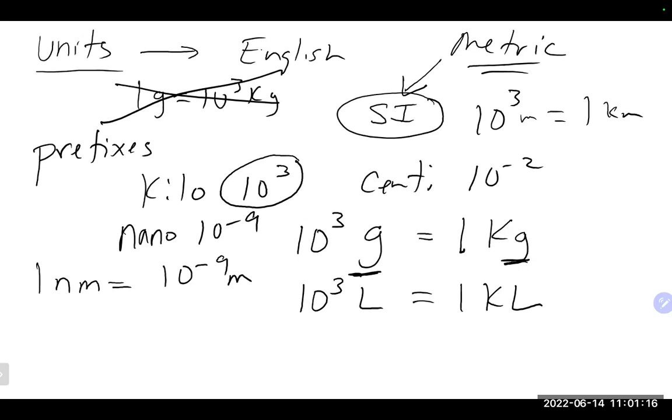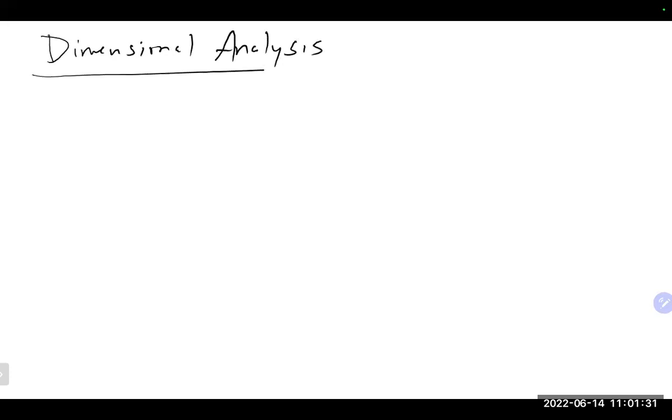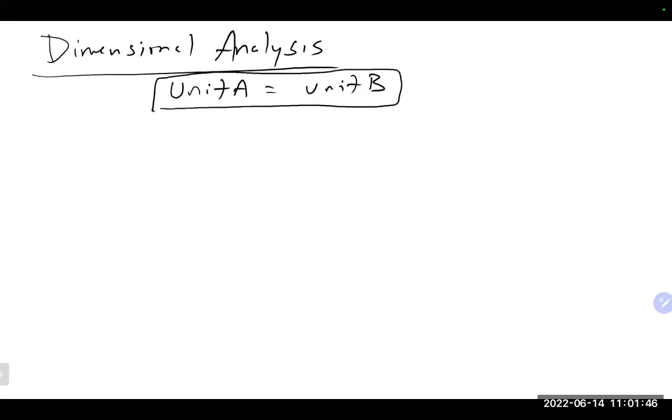Speaking of conversions, when we do calculations in chemistry, we want to do them in a way that's known as dimensional analysis. Dimensional analysis is a way where if we have a conversion factor, like let's just say unit A equals unit B, anything like this is what is known as an equality.